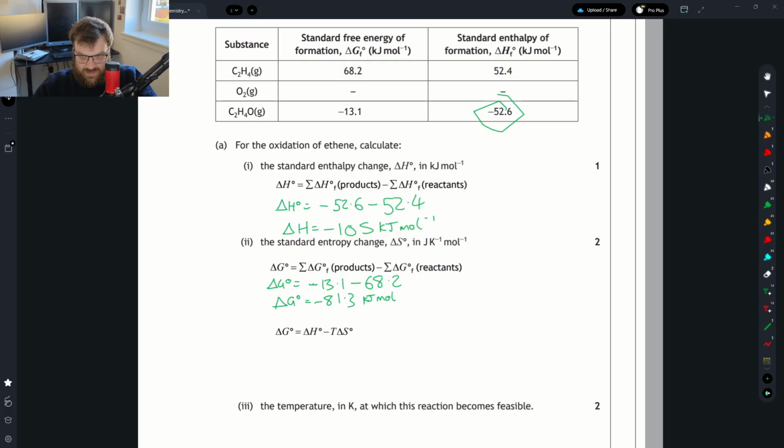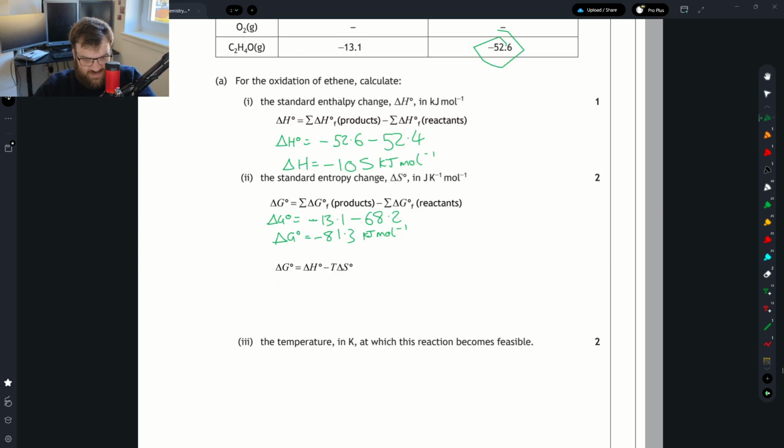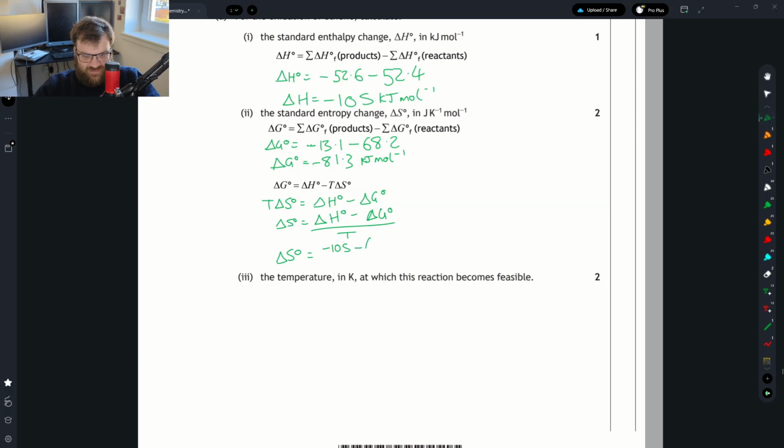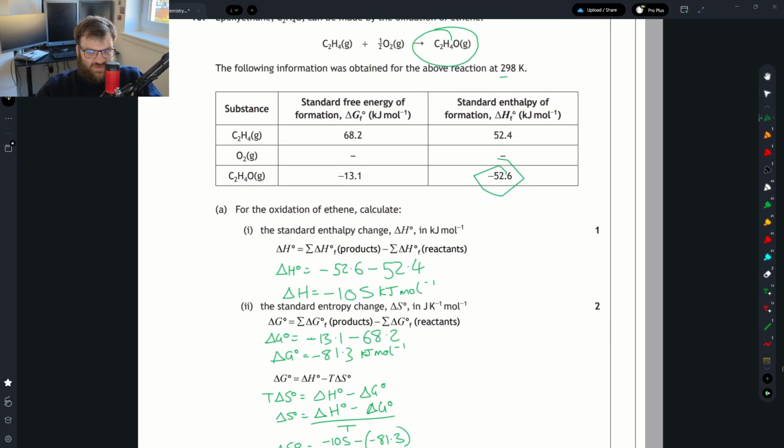That will be kilojoules per mole. As we start to rearrange it, T delta S naught equals delta H naught minus delta G naught, then delta S naught will equal delta H naught minus delta G naught over T. Popping in the numbers, that's minus 105, take away minus 81.3 all over 298, which is the standard condition, and it tells us higher up that it's 298 Kelvin.